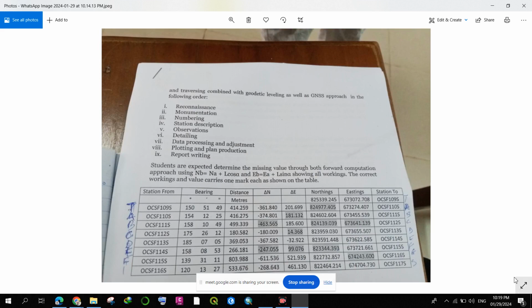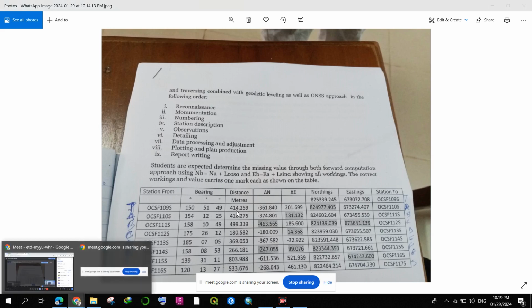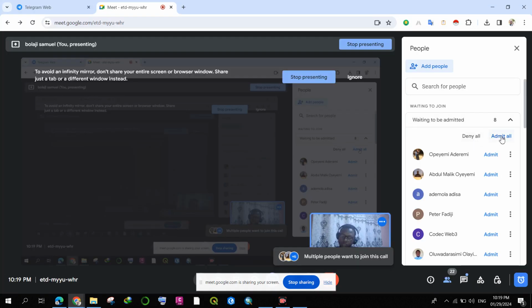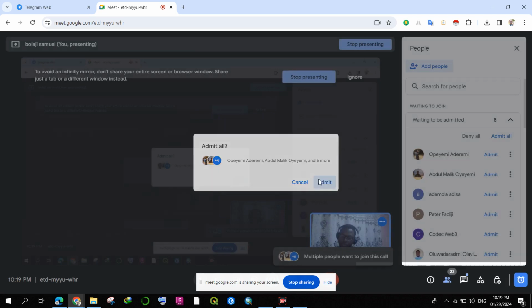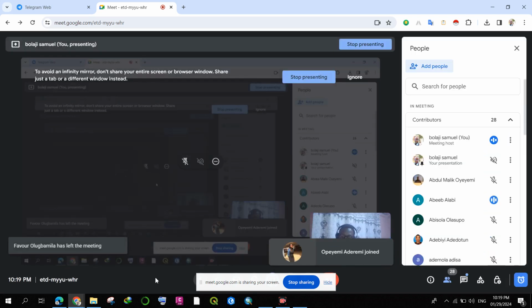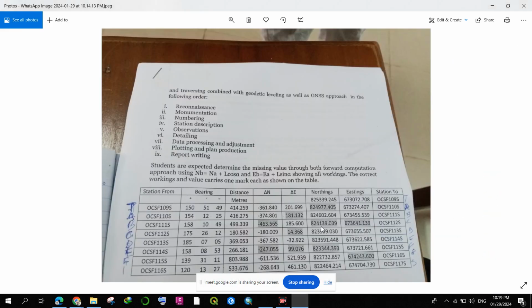Now you are given a series of coordinates. You have your northings and you have your eastings. I believe you can all see my screen, right? Good.